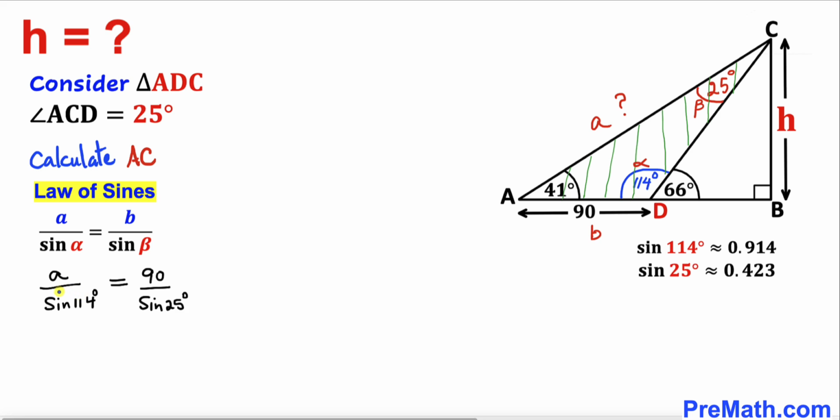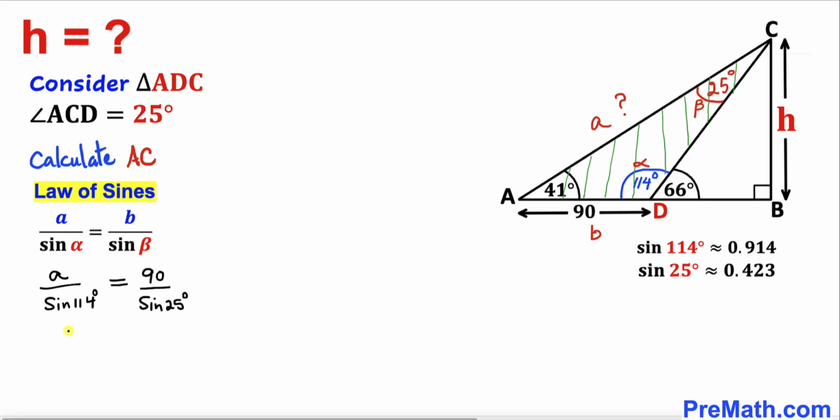And now we know that sine of 114 degrees is approximately equal to 0.914 and sine of 25 degrees is approximately equal to 0.423.